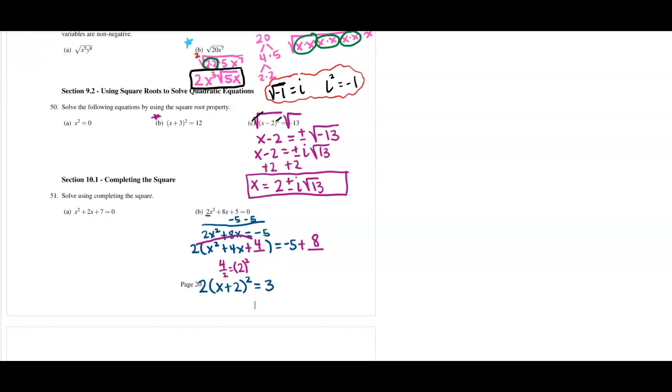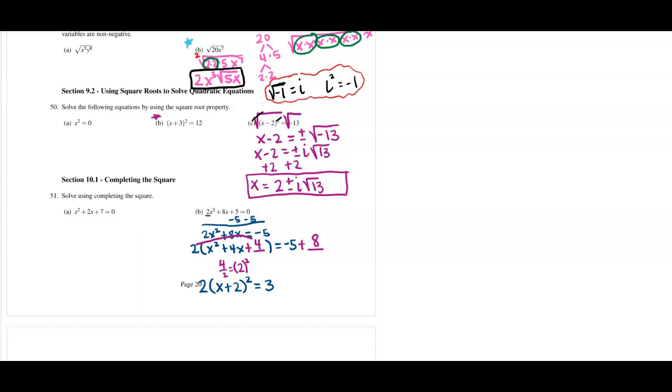Okay. Now the next thing we have to do is get that squared part by itself, right? And so if you're trying to get that squared part by itself, then you need to divide everything by 2 first, right? So let's do that.